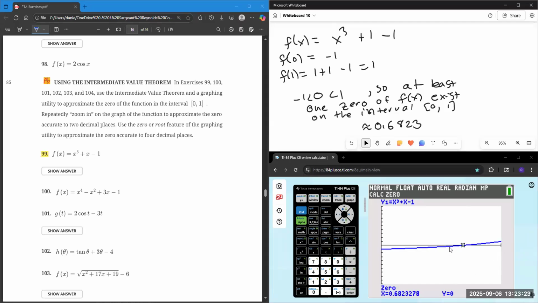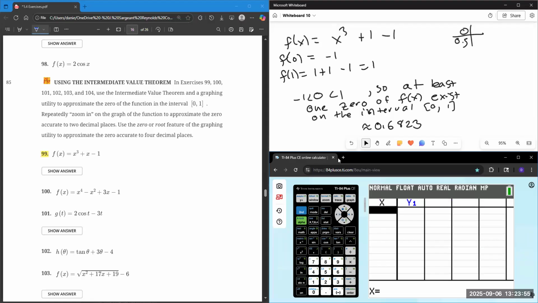So with bisection, they called this. We know that it's between 0 and 1. Let's go ahead and cut it in half and see if it's between 0 and 0.5 or 0.5 and 1.